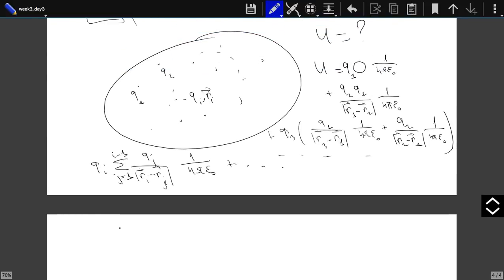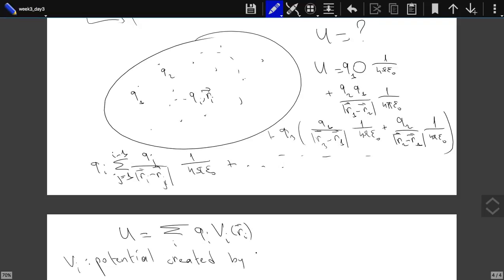Which, if you want, you can just write as U equal to, let's say, sum over i, Qi times Vi, where Vi is the potential created by the charges Q1, Q2, up to Qi minus 1. Now this will be just a shorthand notation.